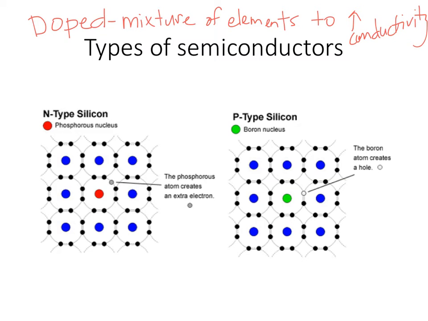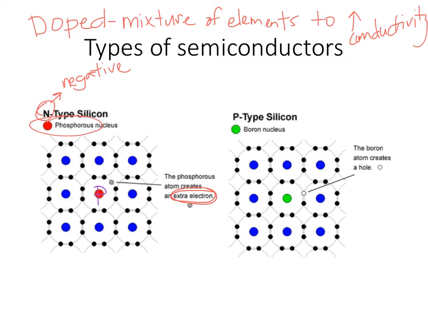So in an N-type, the N stands for negative. To make the silicon negative, you would use an atom that has an extra electron, and since electrons are negative, that is a negative semiconductor. So let's just say we had here a phosphorus. This is a phosphorus nucleus, so a big P for phosphorus.